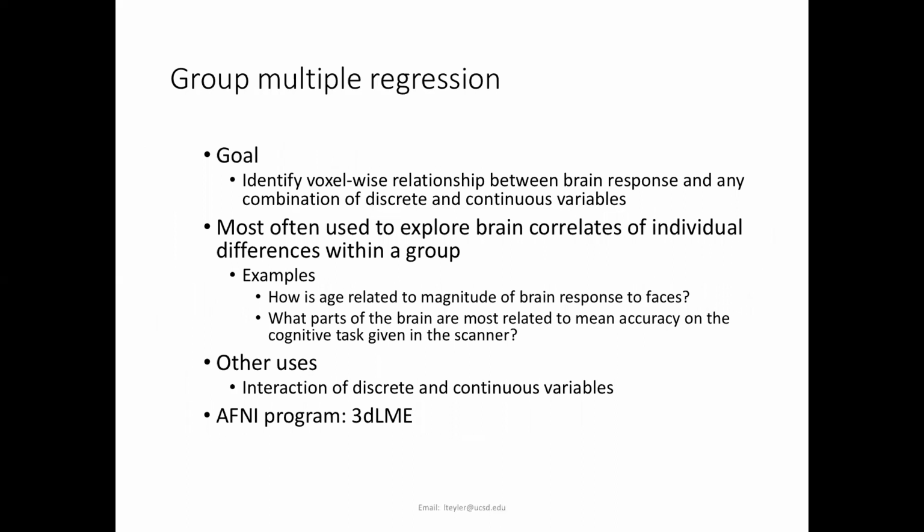And then if you want to do group multiple regression, so for example, if you want to identify the relationship between brain response and some combination of discrete and continuous variables, like how age is related to the magnitude of brain response to faces, or what parts of the brain are most related to mean accuracy on the cognitive task they were doing, where that continuous variable is at the level of subjects, as opposed to varying within a subject within a run, then you can also use 3D LME.